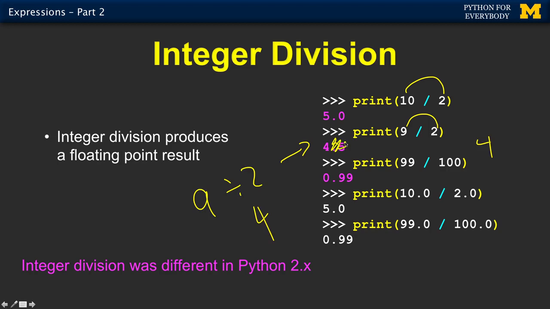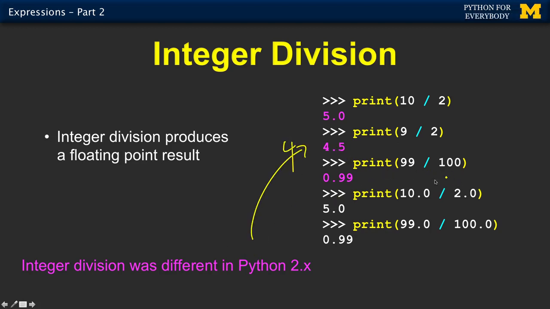But in Python 3, it just automatically converts divisions to floating point, and so it works out quite nice. Okay, so 9 over 2 is 4.5. In Python 2, this used to be 4. And then 99 over 100 is 0.99, exactly what you'd expect in Python 3. In Python 2, that was a 0. Why? Because it truncated. It didn't even round the numbers.